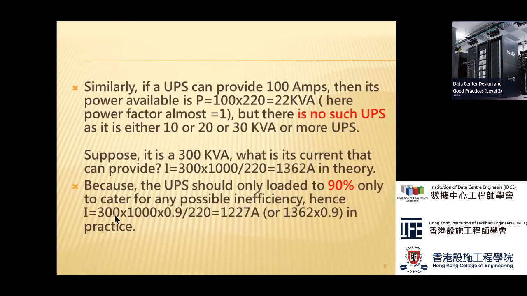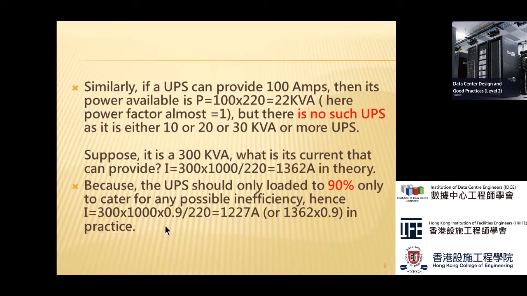So 300 multiplied by 1000 to make it the K. But the power factor is only 90. Actually, there are two things here. First of all, we have not put in the power factor yet. We just put in 90% of the UPS load only, because you never want to load up the UPS to 100%. You make it 90% only.